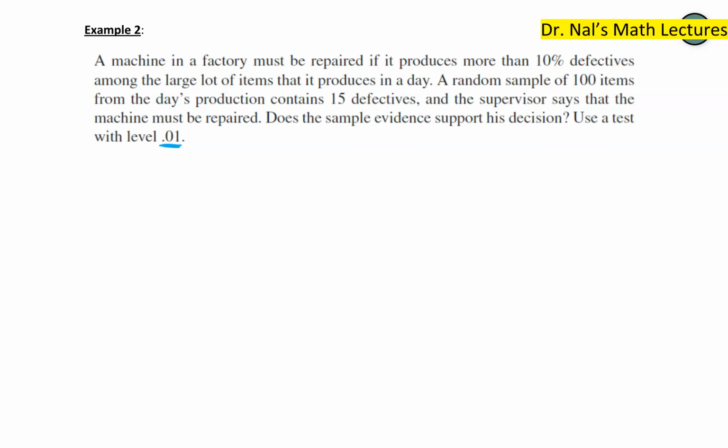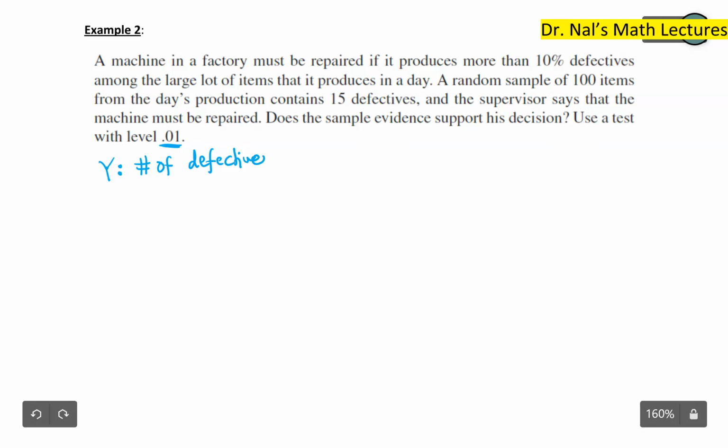So we're going to use the sample proportion for that. If y represents the number of defectives, then the sample mean would be y over n, basically. I mean the proportion, I should say. But before that, y is the number of defectives.